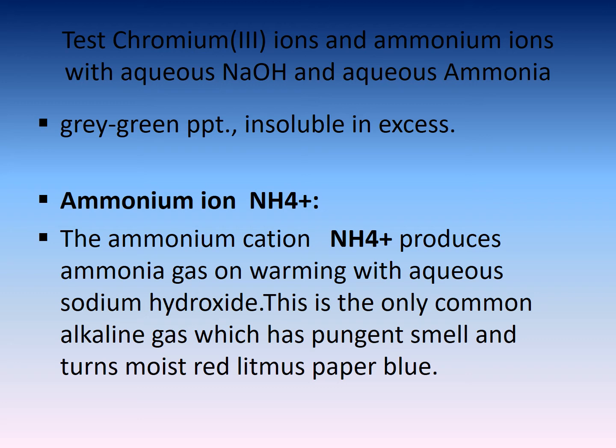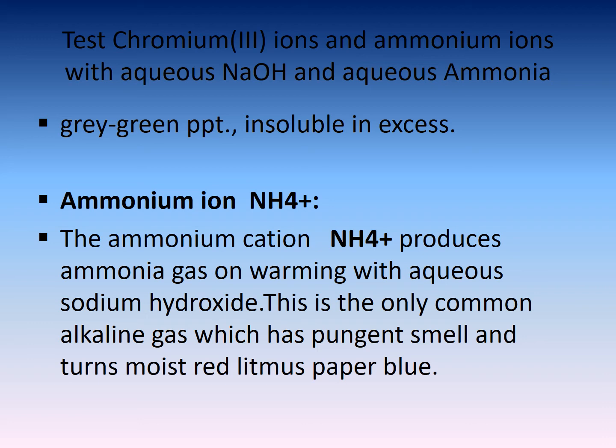From all these observations, we conclude two important points. Metal cations in aqueous solutions can be identified by the color of the precipitates they form on addition of sodium hydroxide and ammonia. First of all, the solution is tested with sodium hydroxide and then aqueous ammonia.